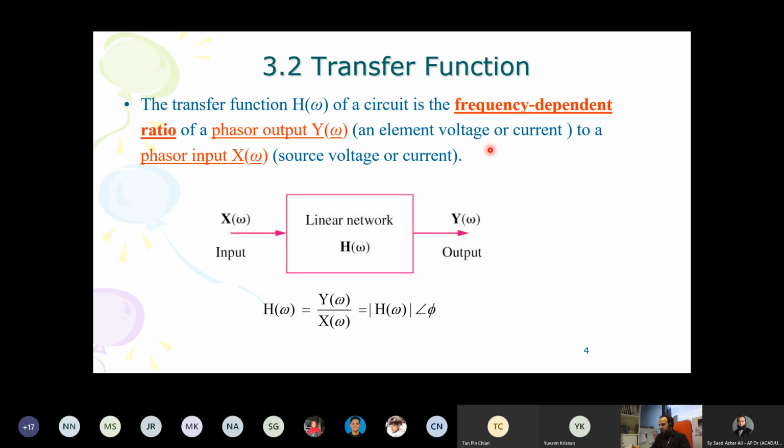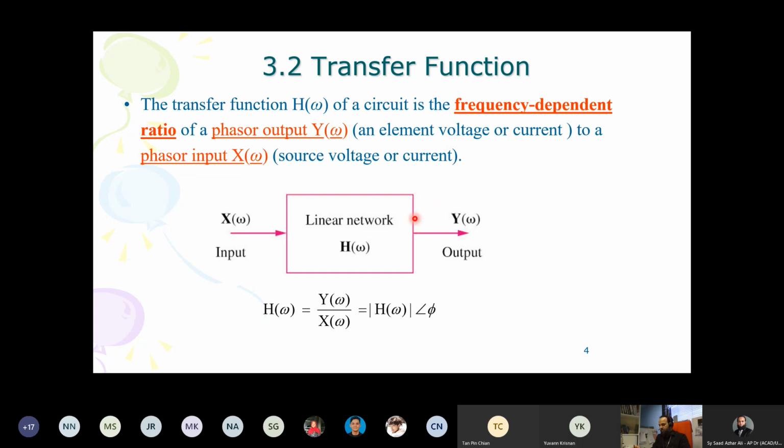So basically we are taking the ratio of the output in the frequency domain to the input in the frequency domain, and normally the input is the source and the output is a particular element in the circuit, and we're talking about its voltage or current.